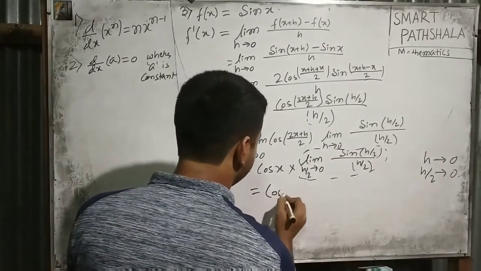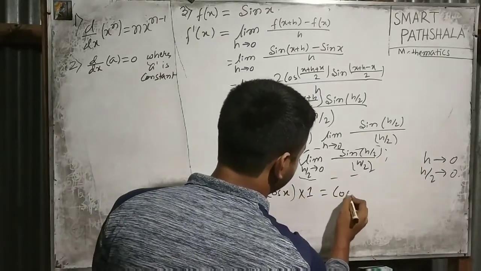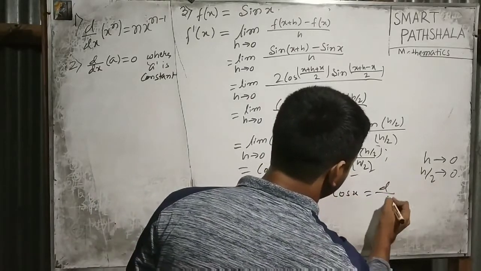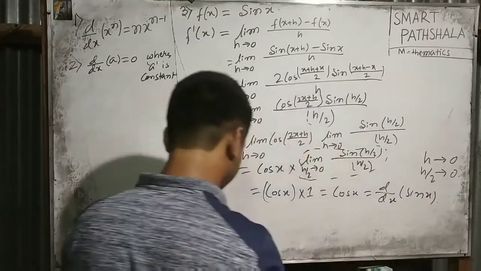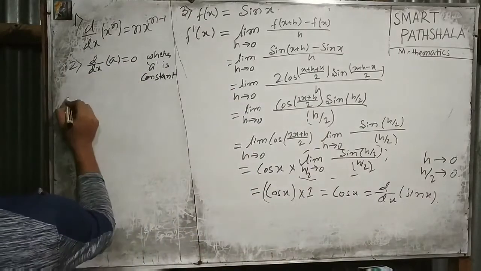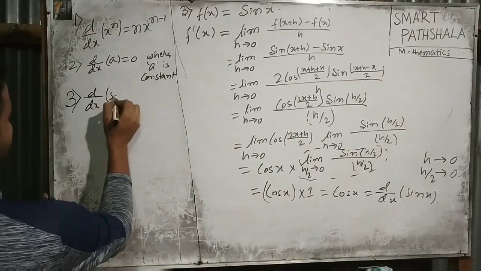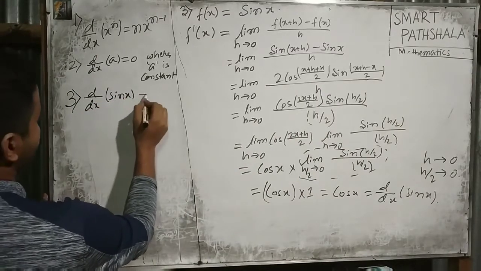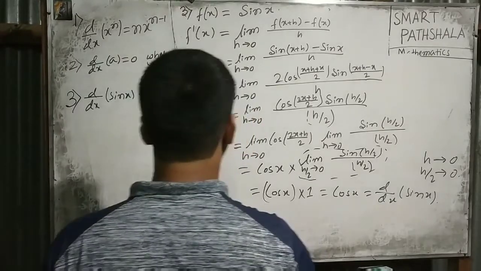In the next line we can write cos of x into 1, which means it will give cos x, and this is the value of d dx of sin x. Note down this formula. So number 3 formula we get is d dx of sin x equal to cos x. Right?